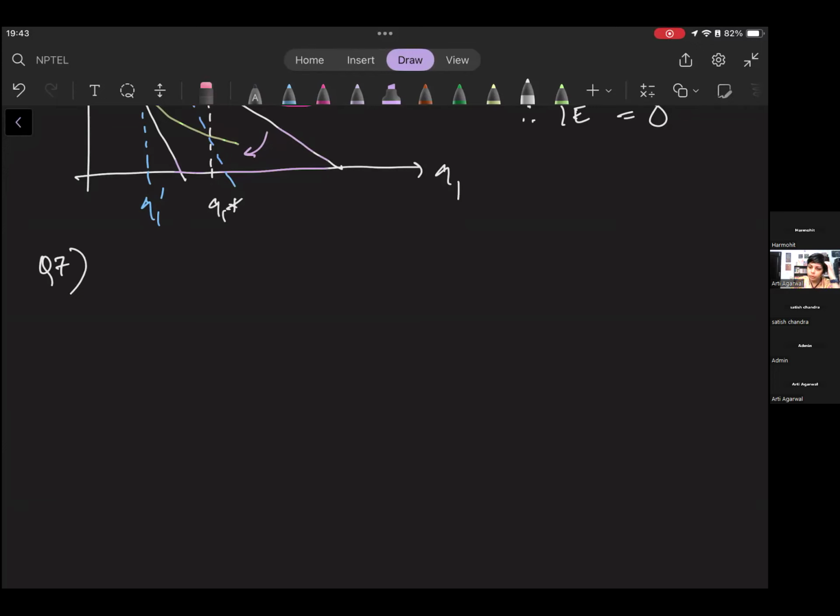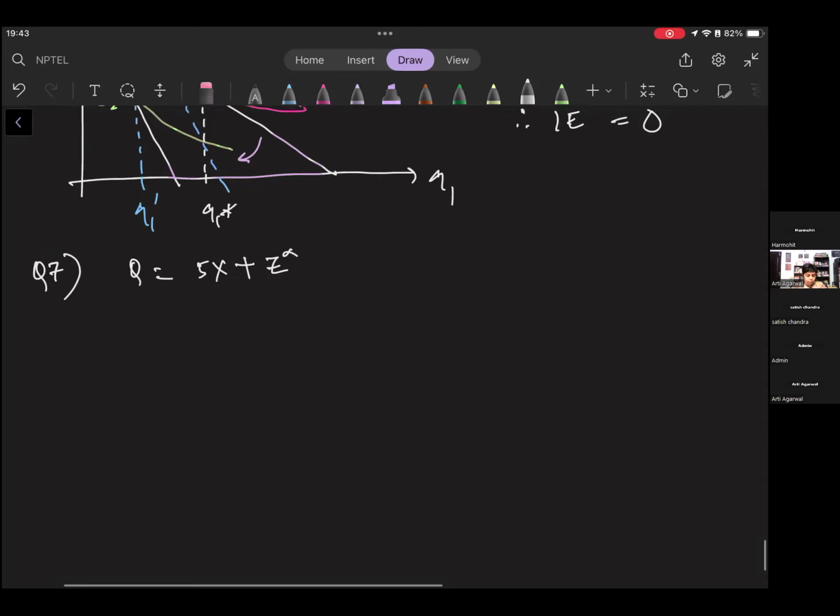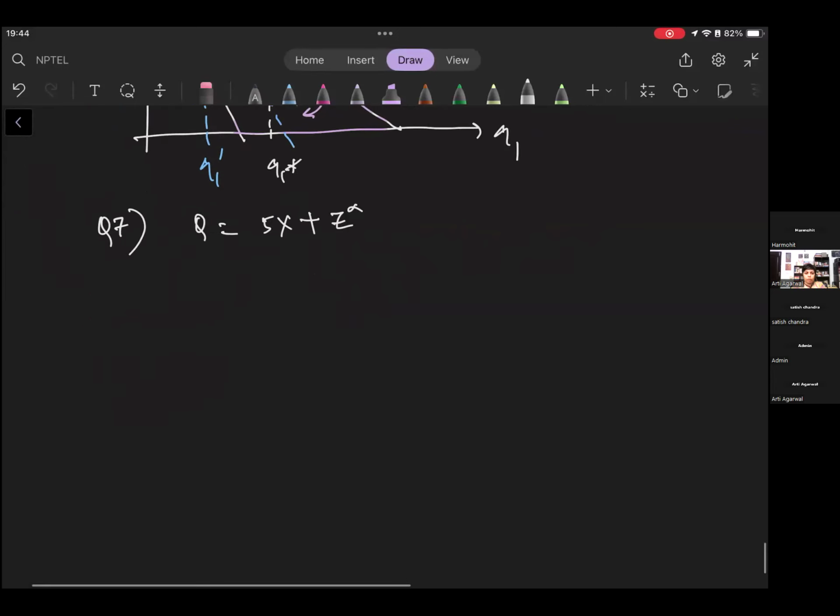Let's write the function. Q is equal to 5x plus z to the power of alpha. So the first question is just asking what happens to alpha when you have constant returns to scale.